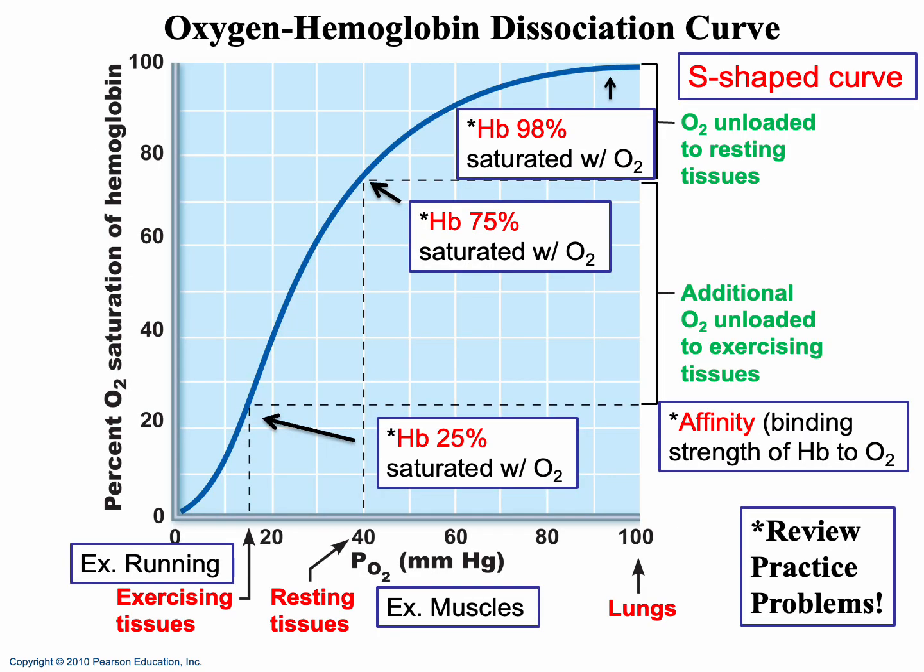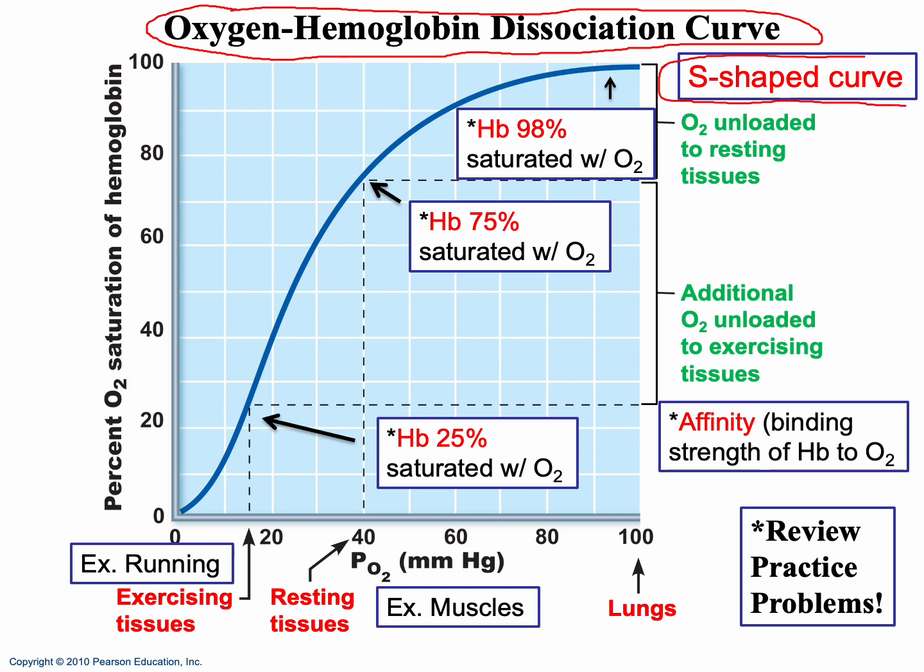So we're now going to take a look at a very important curve, which is known as the oxygen-hemoglobin dissociation curve. This is an S-shaped curve, known as a sigmoid curve. And it gives you an idea ultimately of the percentage of oxygen that's connected to hemoglobin, and that's referring to the saturation.